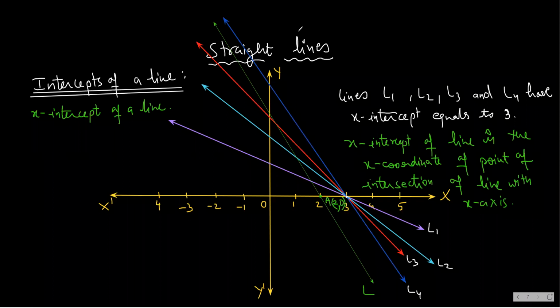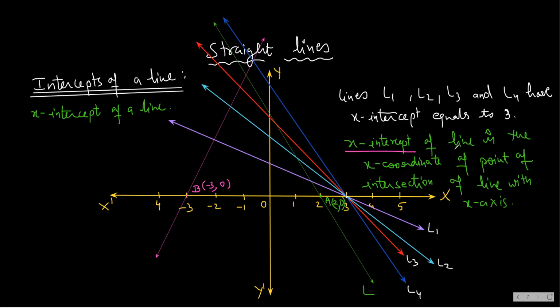Now suppose I have another line here, say it is meeting x-axis at point B, and I write the coordinates of B. It is -3, 0. The x-coordinate of this point is -3, and the x-intercept is also -3.